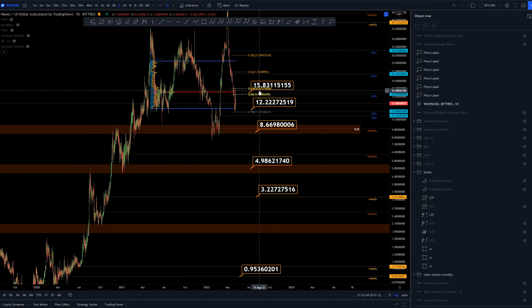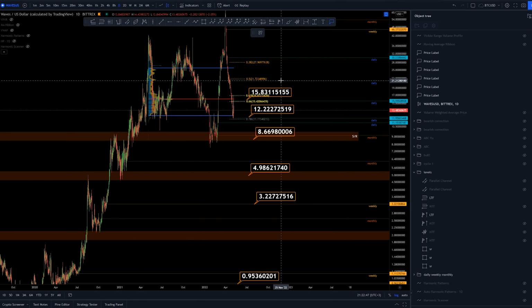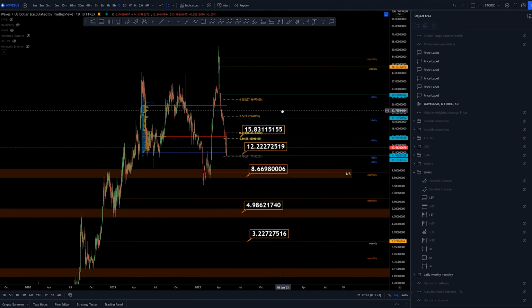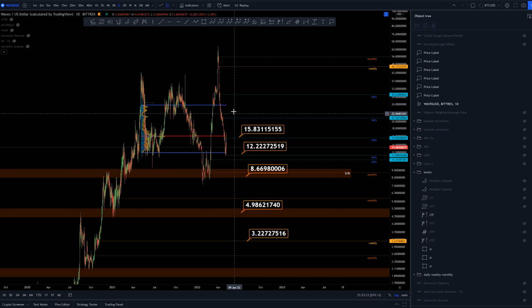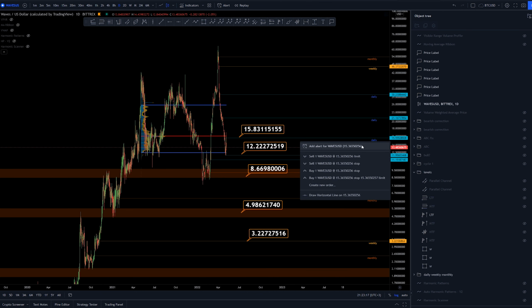Only one resistance level, actually we would need to check out the resistance again if we want to see higher targets here. If we are bouncing up higher, golden pocket all the way up here, 0.5 most likely going to be around this range value area high, but we have time to visit this if the price starts heading that way.